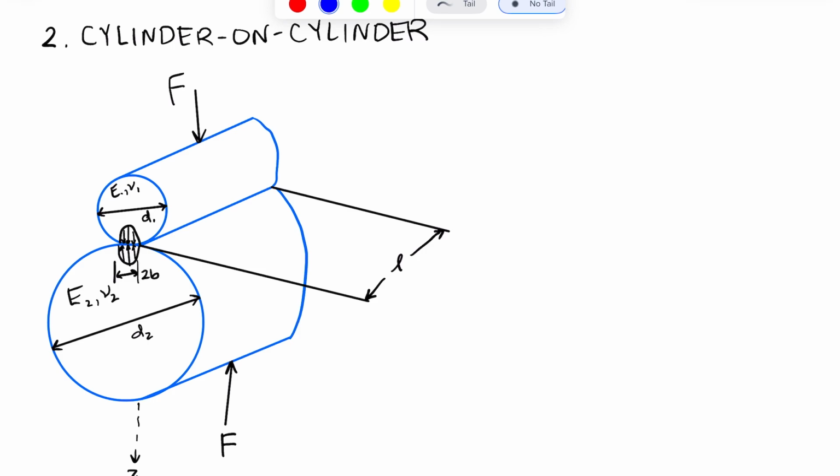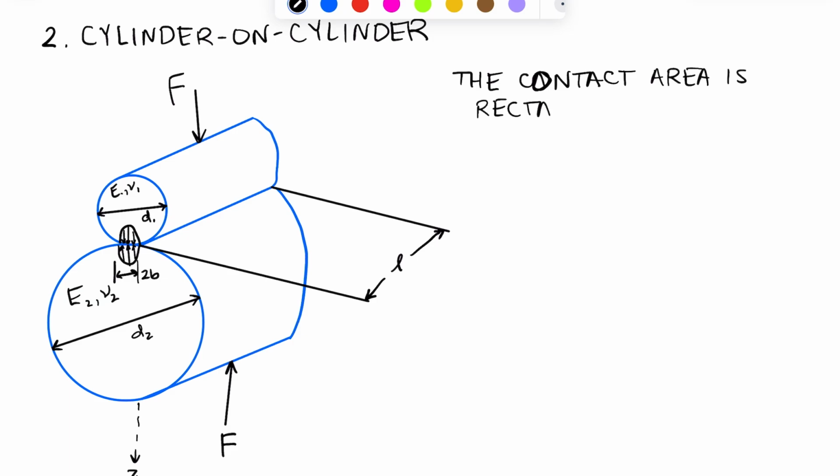Now, when these two parts press against each other, the contact area is going to be rectangular, and it is going to have a length of L and a half width of b.